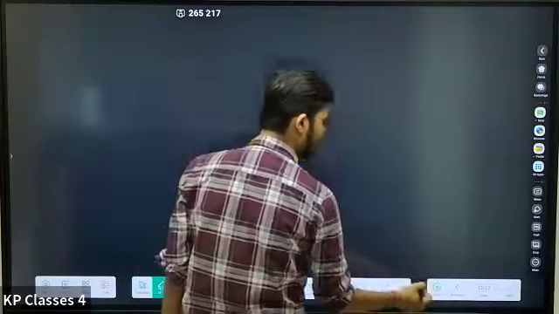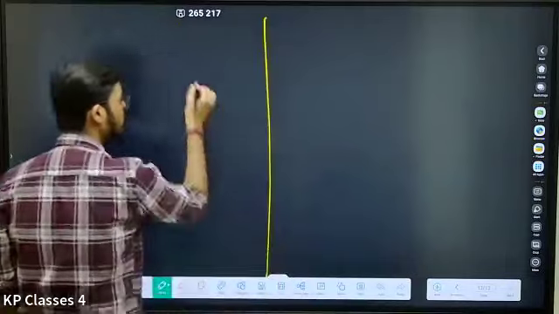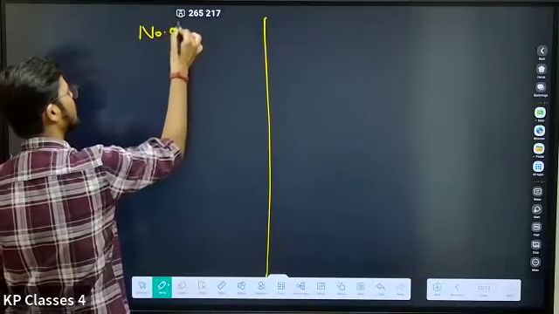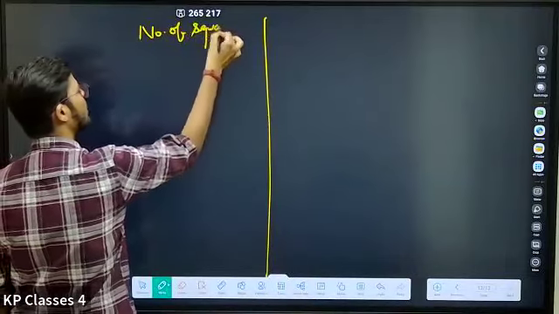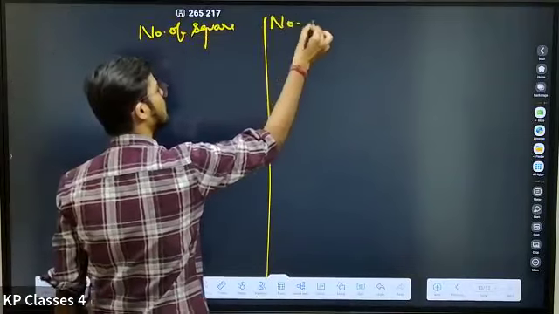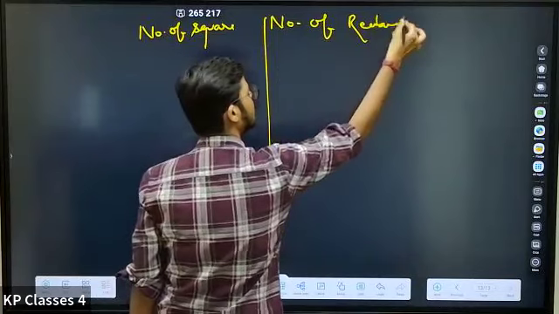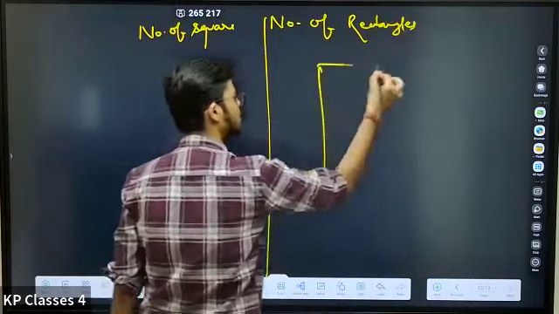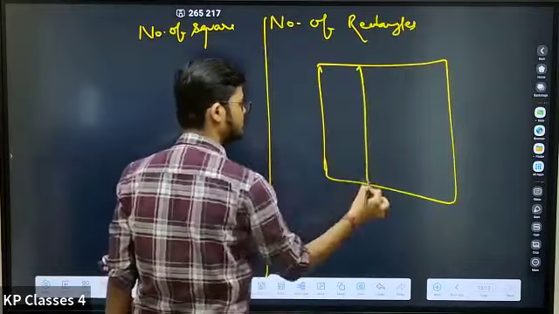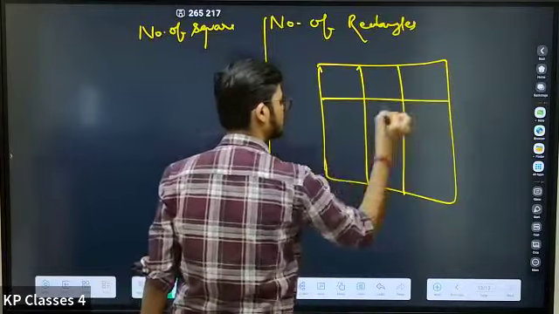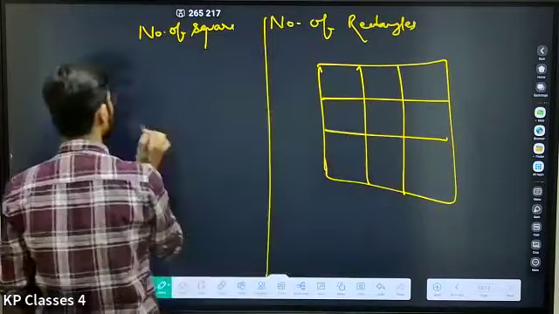Let's understand with another example. Number of squares and number of rectangles, right? Now in this case, for example, this figure is given. How many are there?